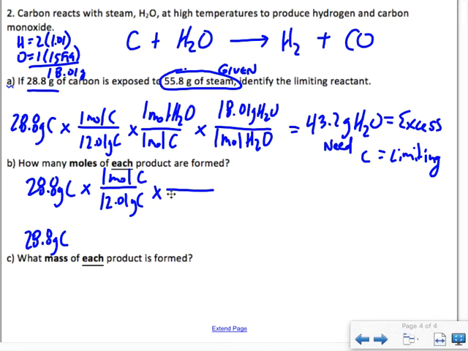Everything's a 1-to-1 ratio: 1 mole of C to 1 mole of H2. And then to go from moles of H2 to grams of H2, I got to figure out the molar mass. Hydrogen is 1.01, but I have 2 of them, so the molar mass of hydrogen gas is 2.02.